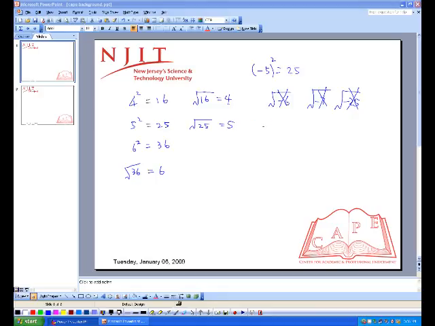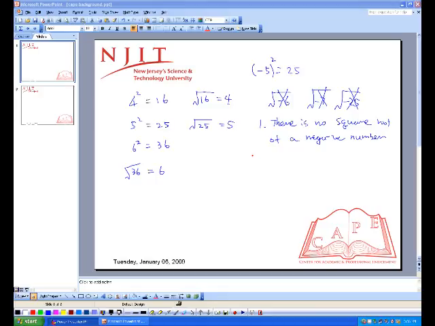So this is one thing: there is no square root of a negative number. This is the first thing you have to pay attention to.